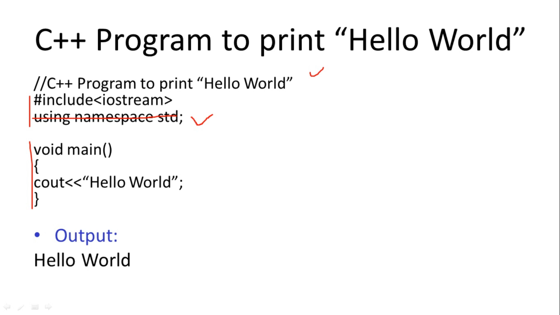Instead of that, you have to include #include <iostream.h>. So the header file will be included explicitly, and along with that the names that are available in the std namespace will be accessible. So here we will see the demonstration of this program using Turbo C++.